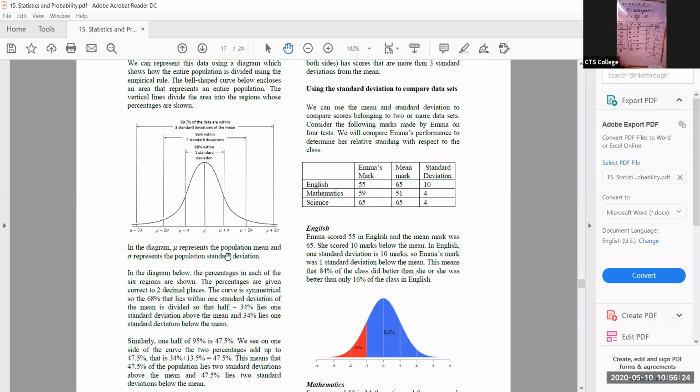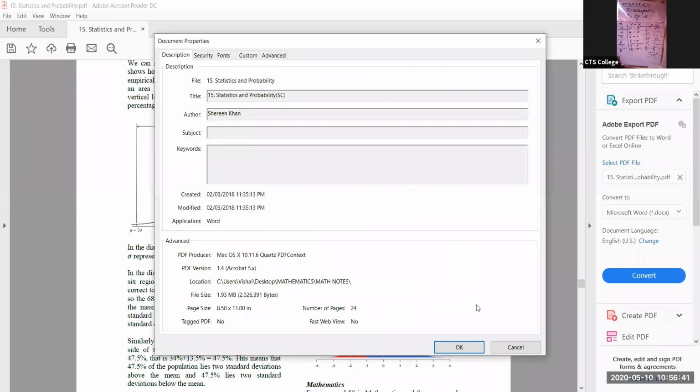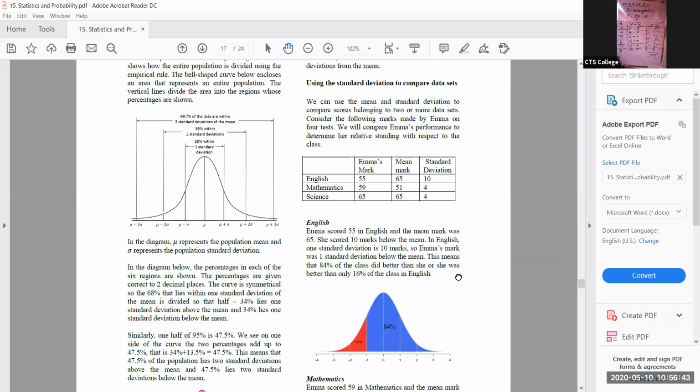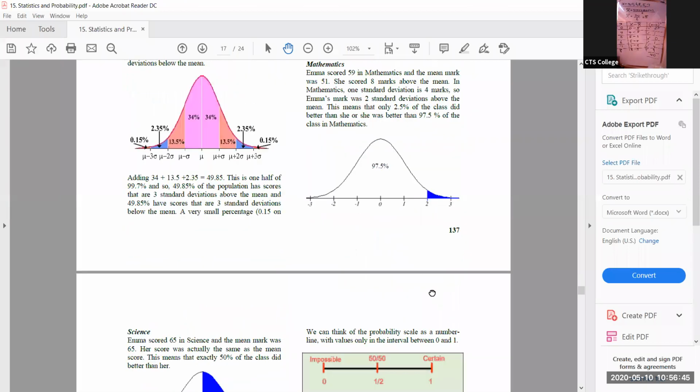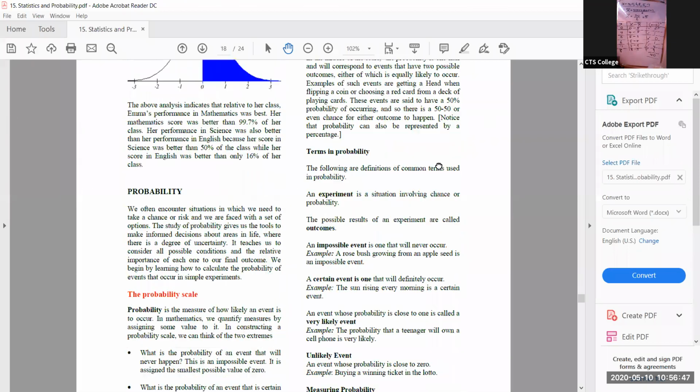This is what you all have to learn how to read off based on the information. So when I send you all the handout, I hope you all go through it and try to read it. But in CXC, more or less, you will be given a diagram and have to read off the standard deviation from it. No calculations are required, but it's still on the syllabus. So let's move on to probability now.